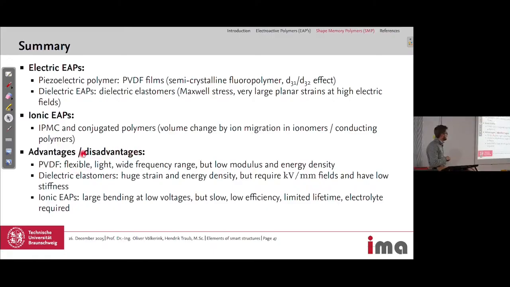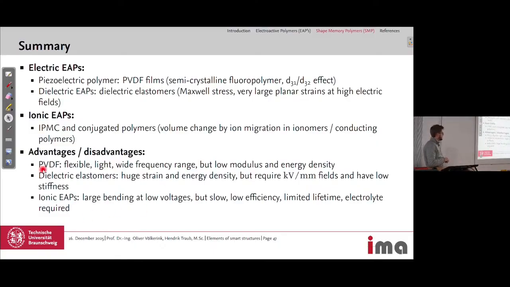And if we look at advantages or disadvantages, PVDF is flexible, light, has a wide frequency range, but low modulus and energy density. The dielectric elastomers have huge strains and also high energy densities, but require also high fields and have low stiffness. So again, large displacements possible, but only low forces.